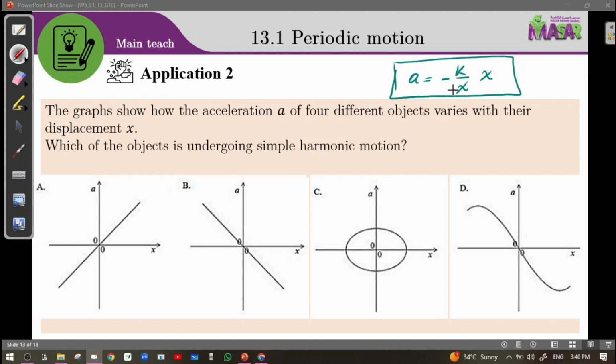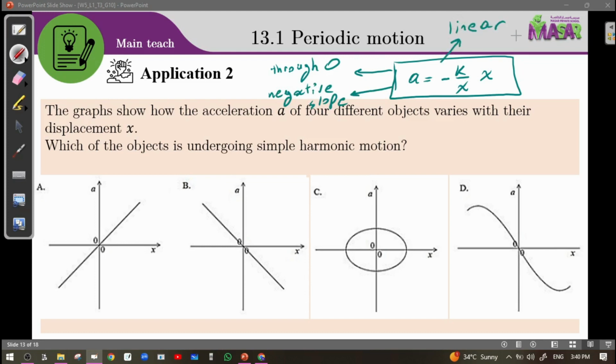Now, according to this linear equation, the line should pass through the origin, through O, and it should have a negative slope. Also, it will be linear.